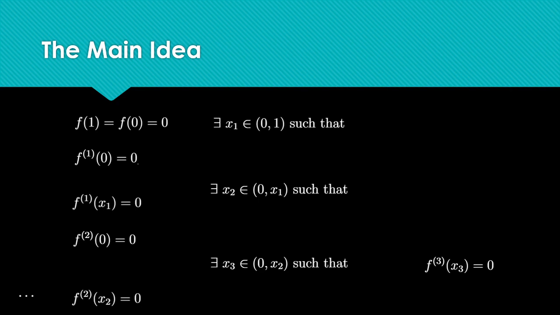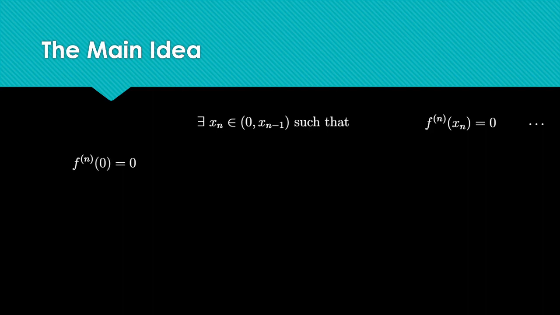What's next? If you continue just by this method, you get xn between 0 and x(n-1) such that the nth derivative of f at xn equals 0. This jump of steps you must get. We are doing that for the first derivative, second derivative; it's repeated application of Rolle's theorem. And we are also given that the nth derivative at 0 is equal to 0, the final condition.